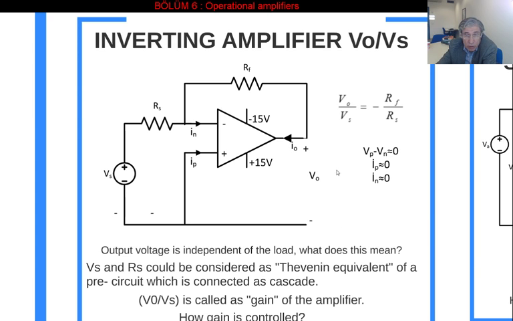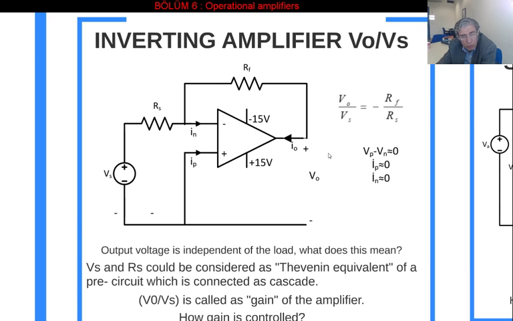For any load, the voltage is the same, so that means it behaves as an independent voltage source, isn't it? An independent voltage source is one whose voltage is known, and whichever circuit you connect to it, this voltage does not change.